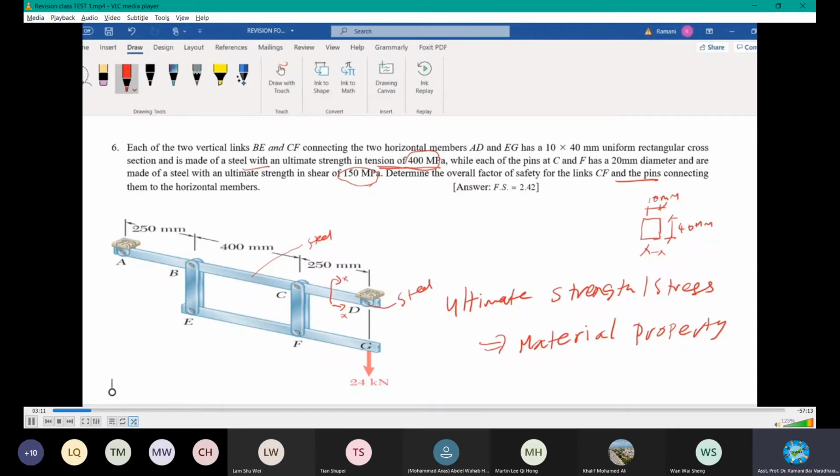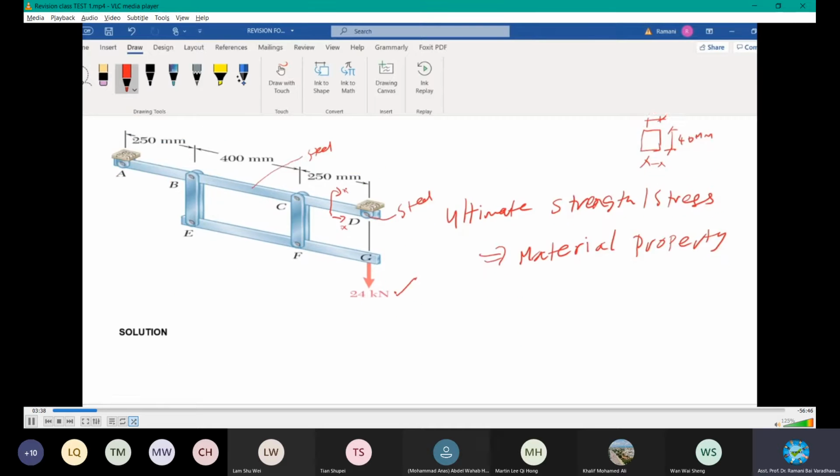So the allowable value is also given as 150 megapascal for the pins. Okay. You are given these values and asked to calculate what would be the factor of safety with this condition of loading. They are supposed to load this much with this strength. With this strength, what would be the factor of safety to have a successful design? No failure, no breakage, right?